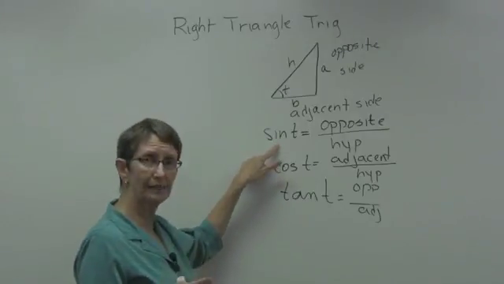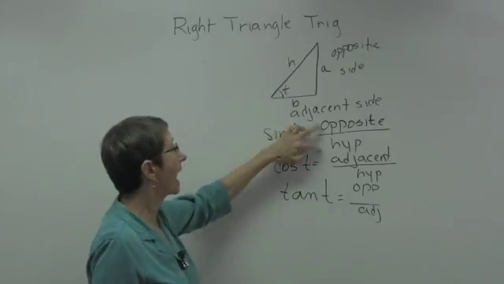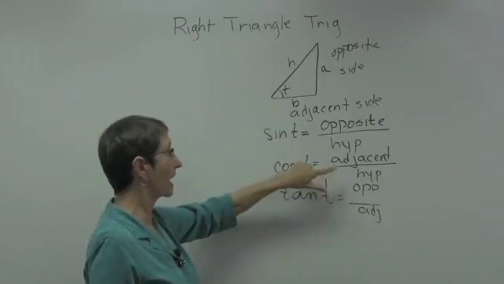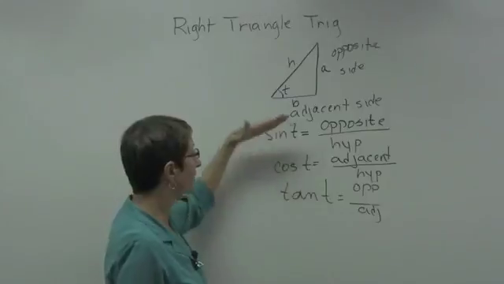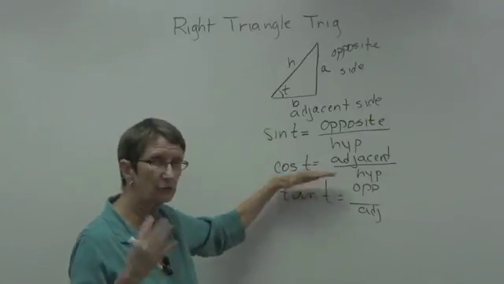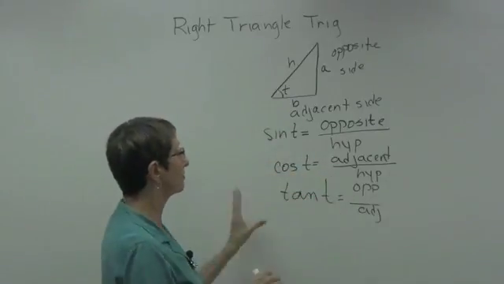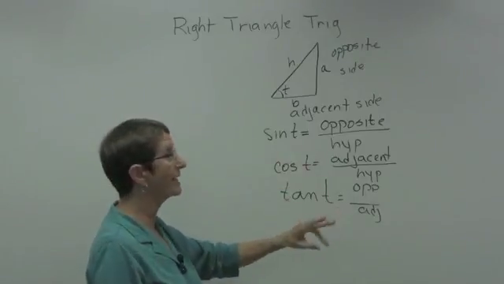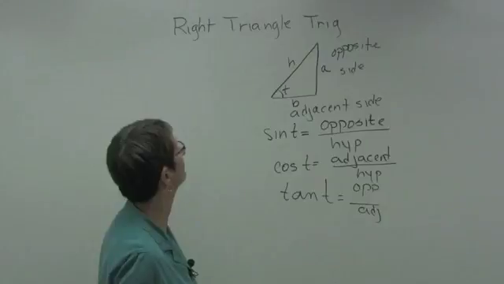From sine, we get cosecant, which would be hypotenuse over opposite. From cosine, we get secant, hypotenuse over adjacent. So everything comes from sine and cosine. You don't really have to learn a whole lot more. Just remember the other relationships, with tangent being sine over cosine and so on. Everything goes back to sine and cosine.